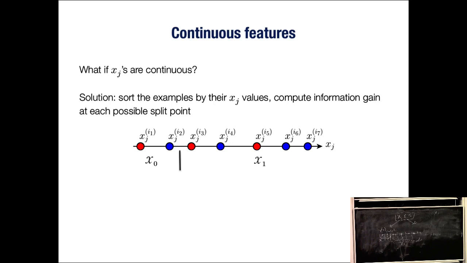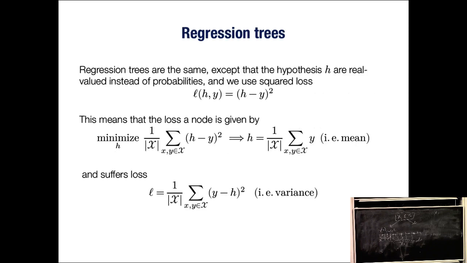Okay, I have one last slide now on regression trees, which is actually important because we're going to use them when we talk about boosting in a second. But regression trees are exactly the same. The only difference now is that the y's, instead of being binary, are real valued, as they are in our regression task. And therefore the hypothesis function, instead of being just between 0 and 1, is also itself going to be real valued.